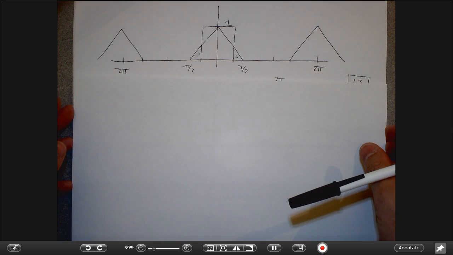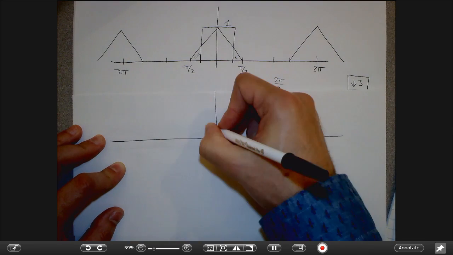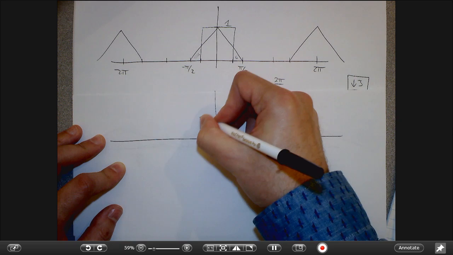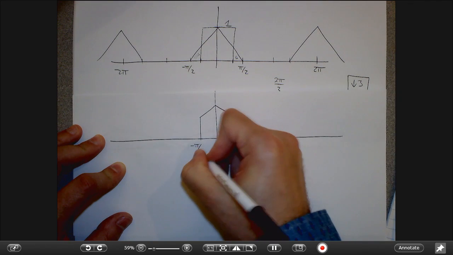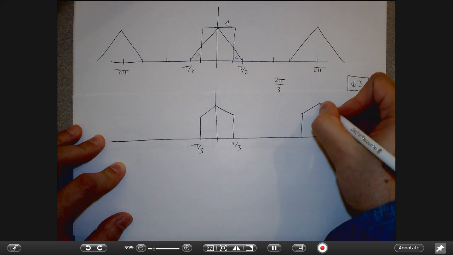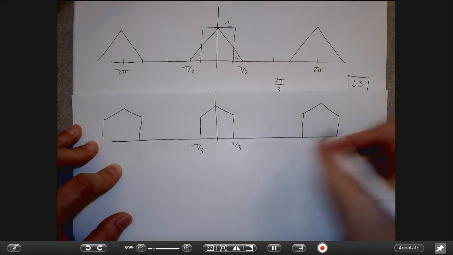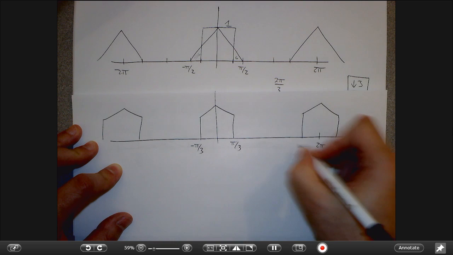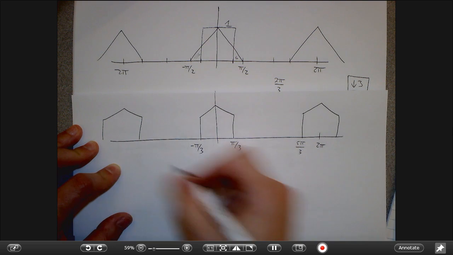I'm going to have this guy, like this, 5 pi over 3.